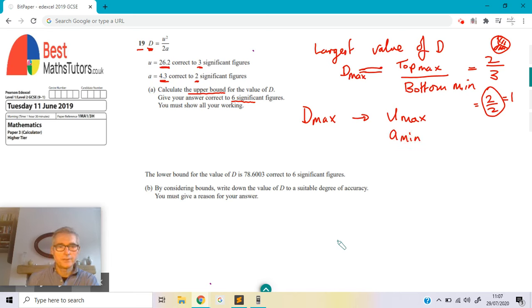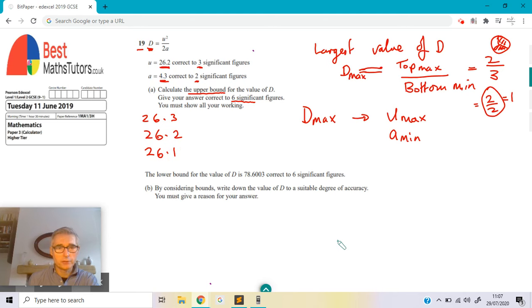Since U has been given as 26.2, we can imagine it on some sort of scale. We've got 26.2, and the next increment above that to 3 significant figures would be 26.3, and immediately below would be 26.1.